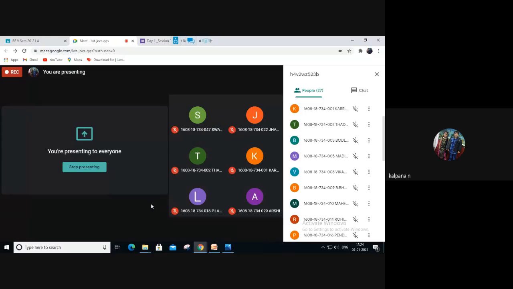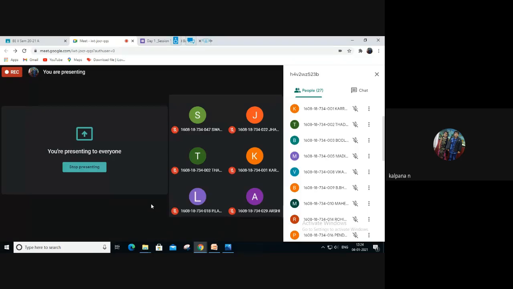So interfacing means the process of connecting any device to the processor, to the microprocessor, which includes both hardware and software. Hardware means some circuit.